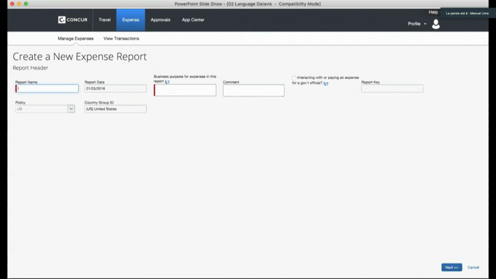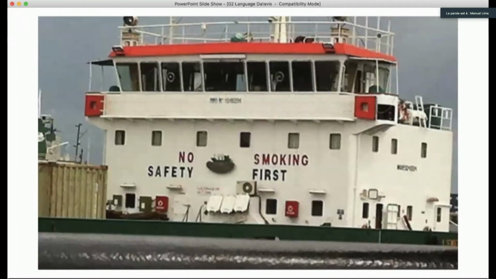And the law of proximity also happens in real life. I love showing this because it really highlights how important this principle of Gestalt really is. So instead of no smoking, safety first, what you can actually read straight away is no safety, smoking first, which is really funny. It's really hilarious like that.